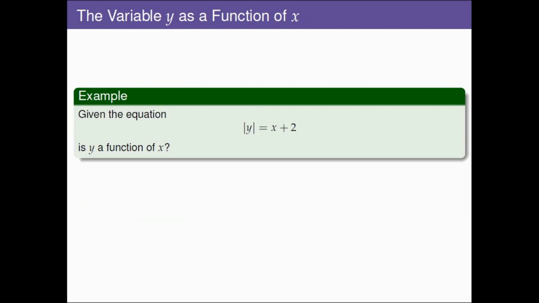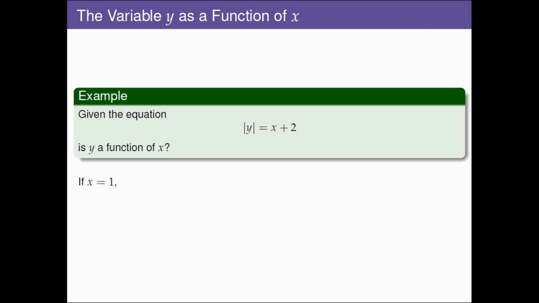Another example. What if the absolute value of y is equal to x plus 2? Is y a function of x? Observe that if x equals 1, then the absolute value of y is equal to 1 plus 2, which is 3.